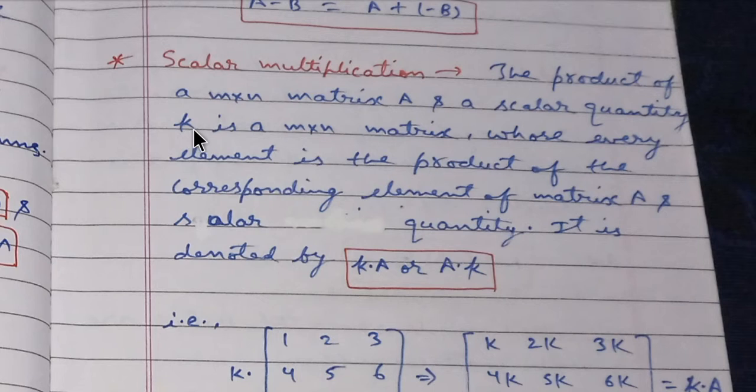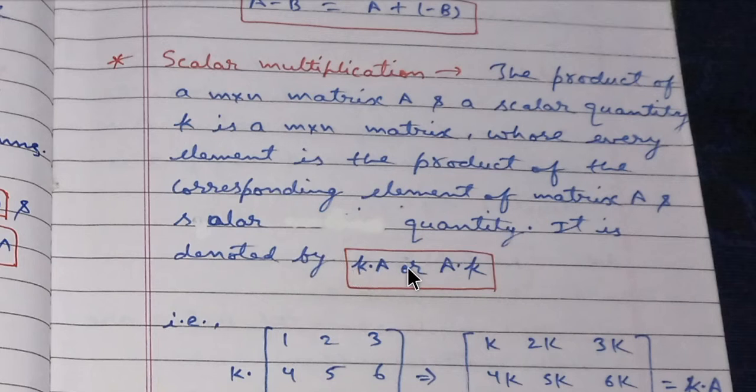So k will be our scalar quantity, and scalar multiplication means the multiplication of k with the matrix A. So the product of an m cross n matrix A and a scalar quantity k is an m cross n matrix whose every element is the product of the corresponding element of matrix A and a scalar quantity.